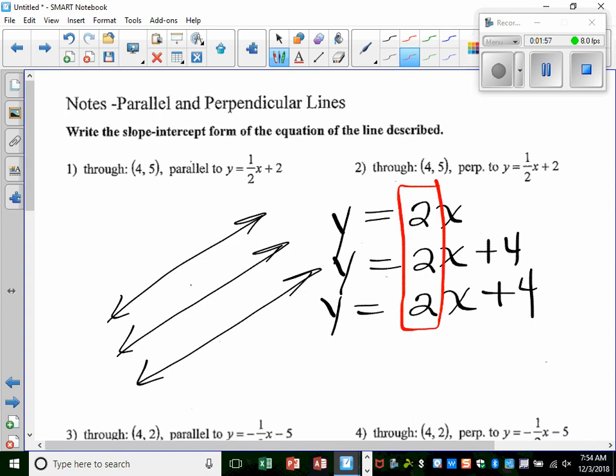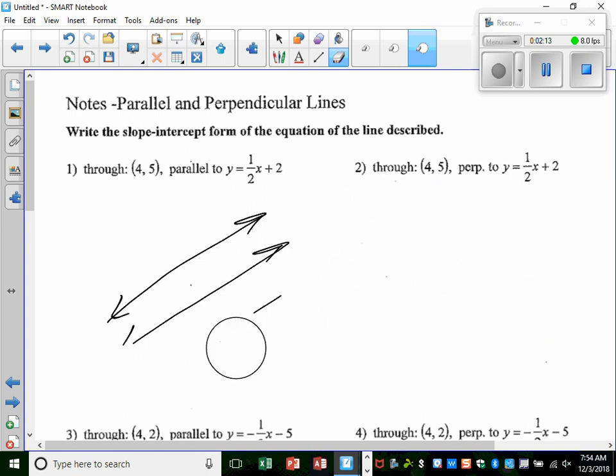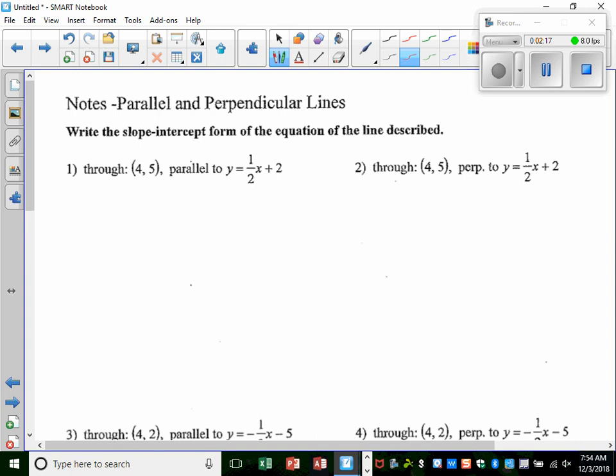What's the slope? 2. So basically, I could say 2x plus anything. As long as I keep saying 2x, the lines are going to be parallel to each other. Okay, so what I wanted you to get out of that little demonstration is that parallel lines will always have the same slope. So we're going to write that note at the top.